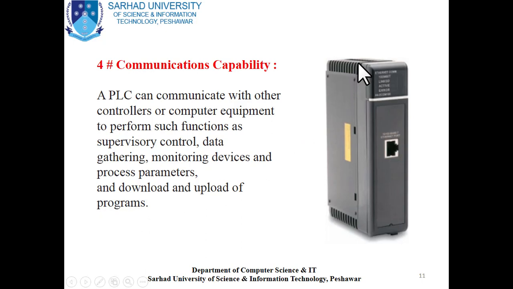So this communication module can be connected with the PLC and other modules in order to make different functions such as supervisory control or a data acquisition system. We can monitor different devices using this communication module, and it can provide data to the PLC and other modules.